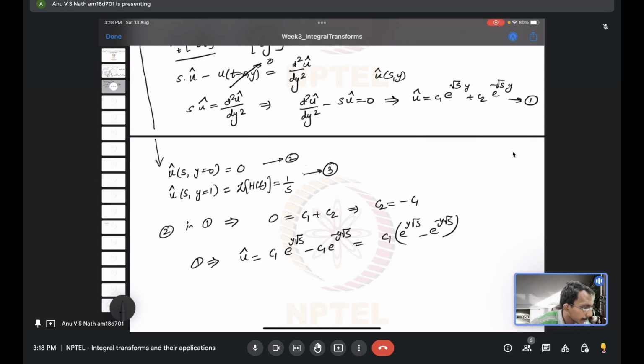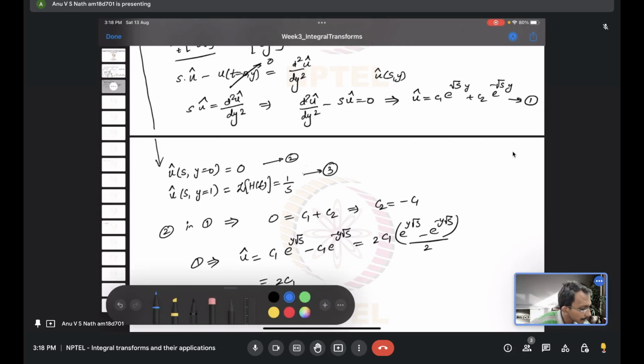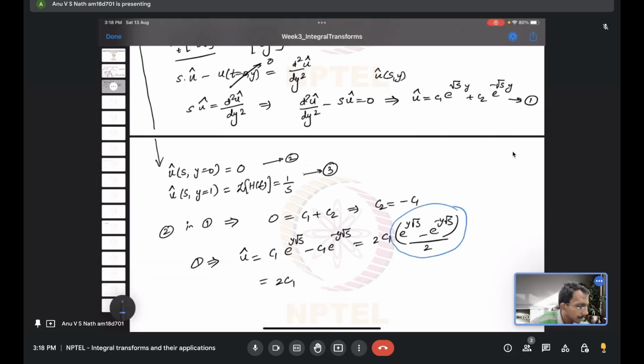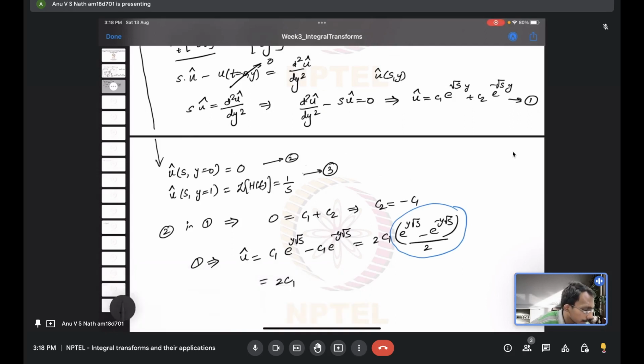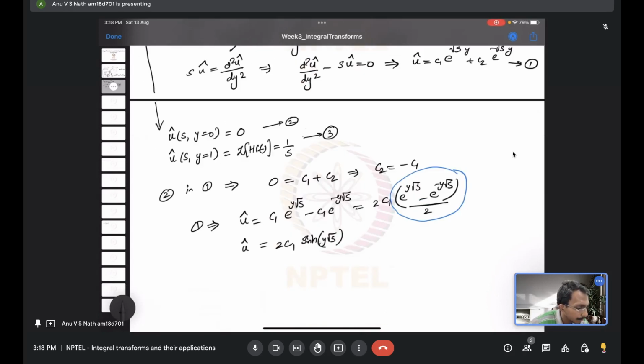Now I divide this by 2 and multiply with a 2, so that I can write this as 2c1 times this combination here. This particular combination is actually a sine hyperbolic function, right? So I can write it as sinh y root s. So this is u cap.